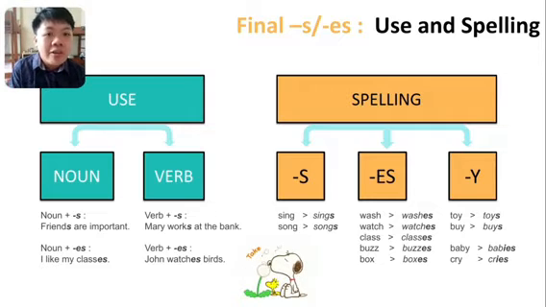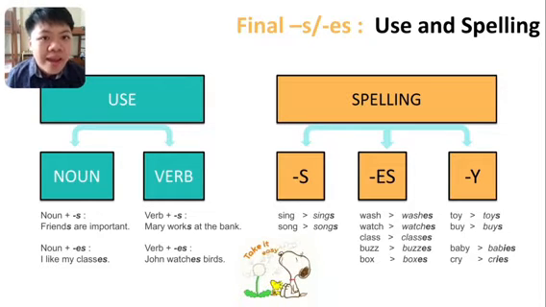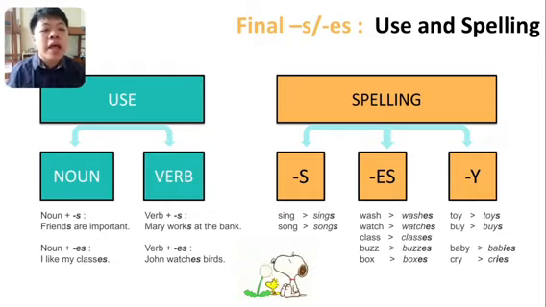And for the Y, the words that end in Y, let's take a look here. Toy and boy. Why is it only plus S? Because before the letter Y, there are vowels. You know what vowels are? A, E, I, O, and U. That's correct.